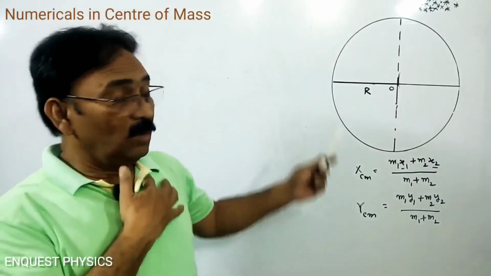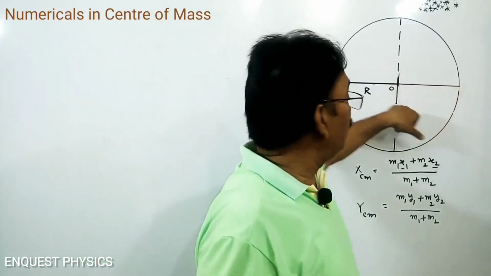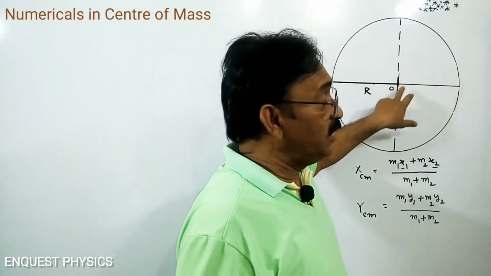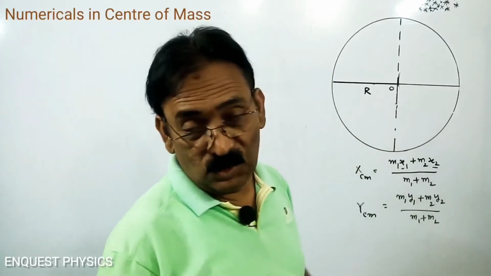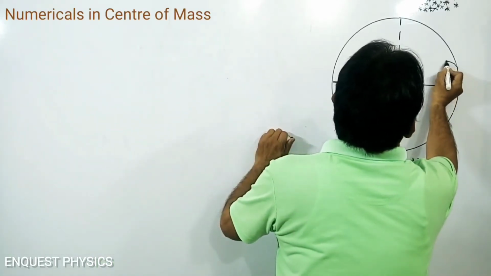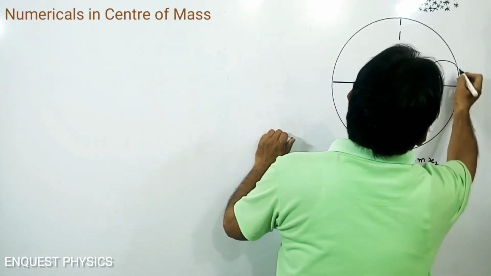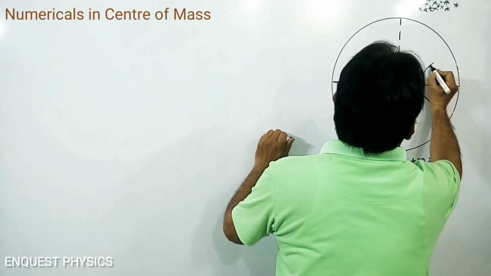In the previous problem, we removed a circular plate which has a radius half of the radius of this circular plate, students. Now, I am removing another plate from one of the edges.